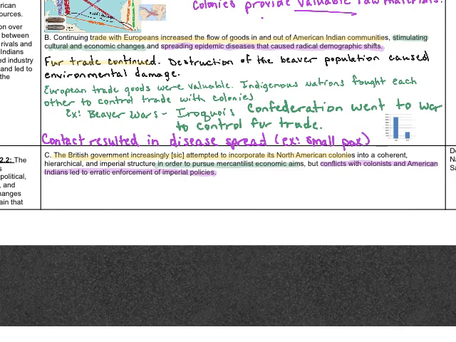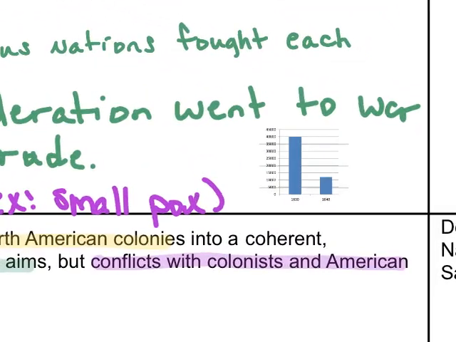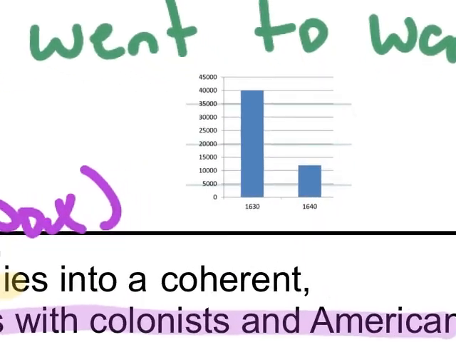Now, as we know from studying the Columbian Exchange, contact with Europeans often resulted in the spread of disease, and that was true for indigenous nations in North America, just as it was when the Spanish made contact in the Caribbean islands and then in later parts of Latin America. And so to give you an idea, smallpox was one of the diseases that was spread.